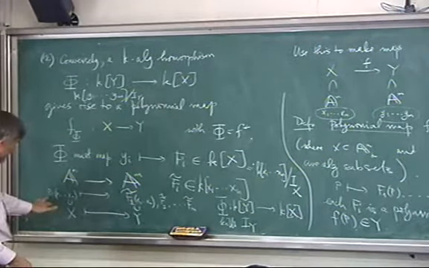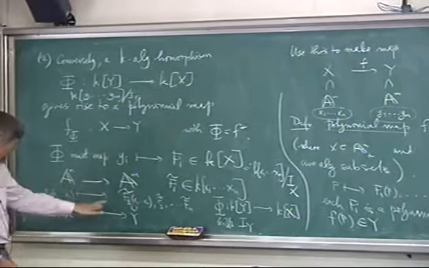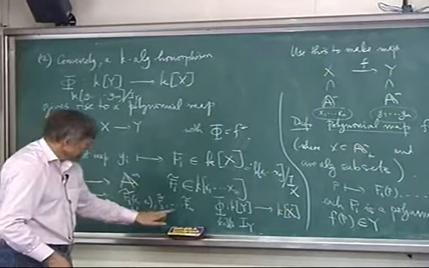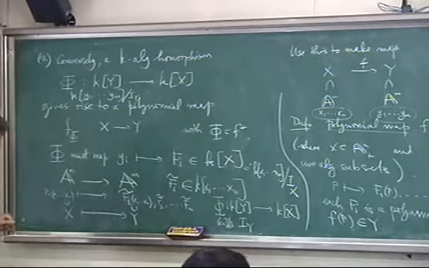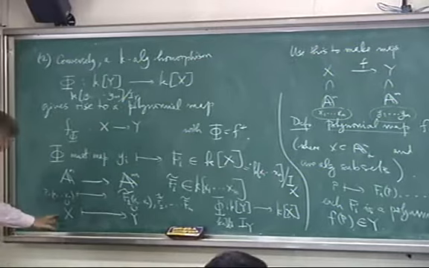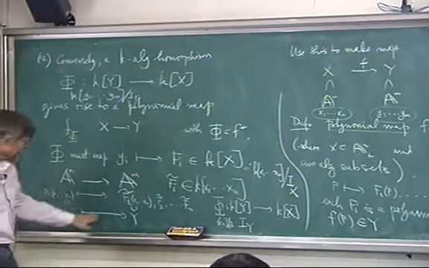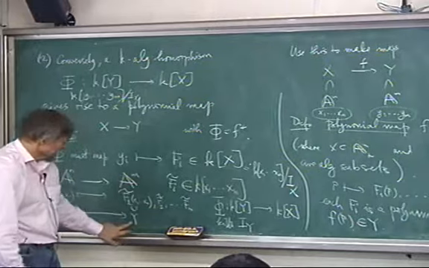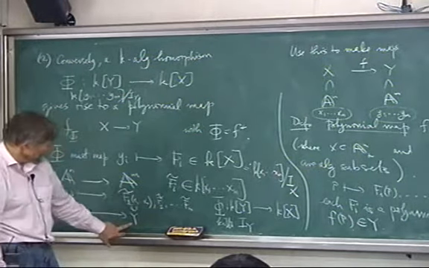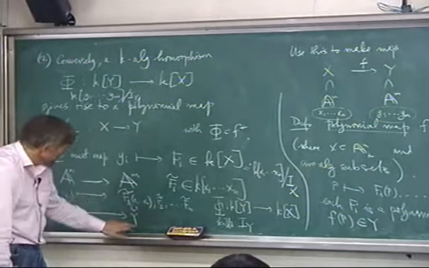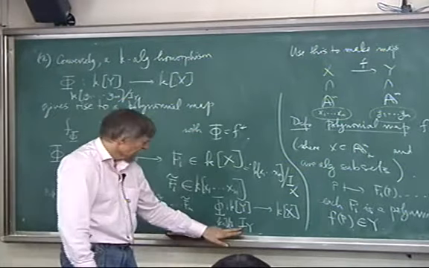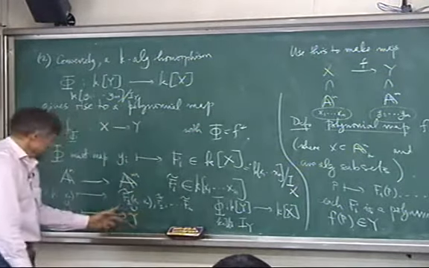So I'm just taking x1 up to xn into any choice of polynomials here. Now I want to know that if my point P was in X, then this image point is in Y. Well, what does it mean to be in Y? It means any polynomial in Y is 0 on this image.